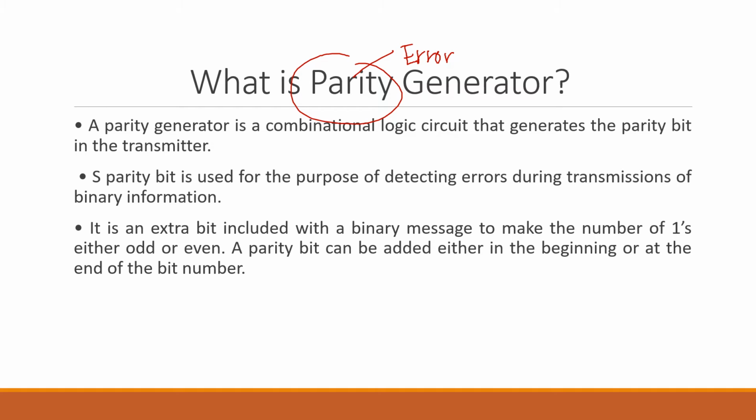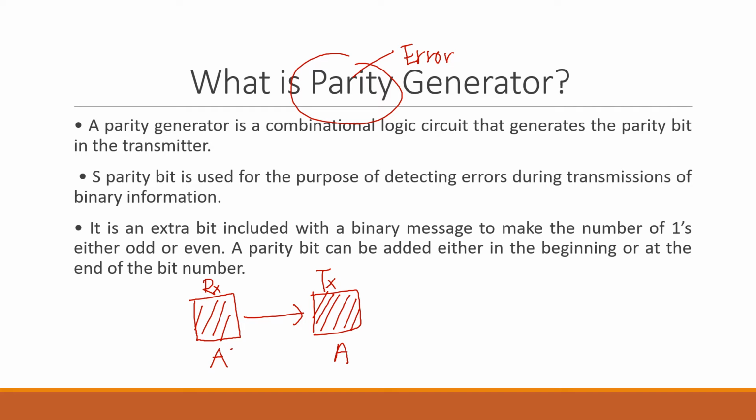So for example, you have a number A, and it needs to be transmitted. TX is a transmitter, so we transmit the number to the TX.